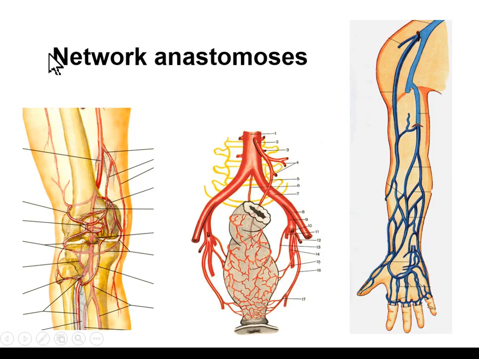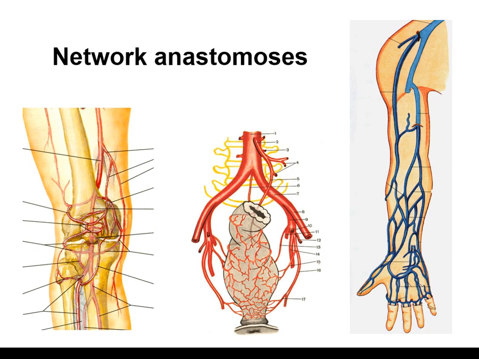Network anastomosis forms around the joints, because we have many movements inside the joints.